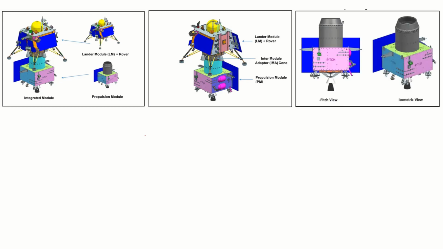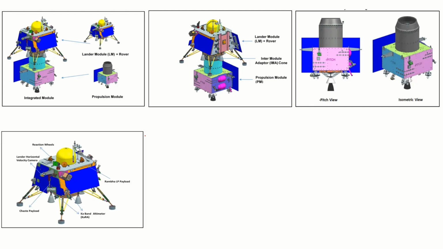So it has two units: one is the propulsion unit, and the other is the lander plus rover, which is called the lander module, and it is interconnected with the inter-module adapter cone, as we have seen in this picture. And these are the pitch and isometric views of the propulsion module, and this one is for the lander module.